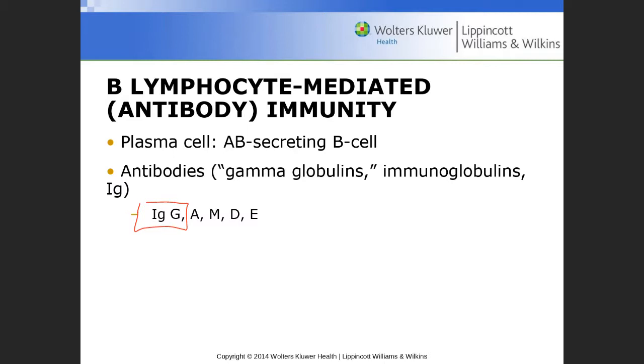It is the most abundant immunoglobulin. It is a mediator of hemolytic disease of the newborn.